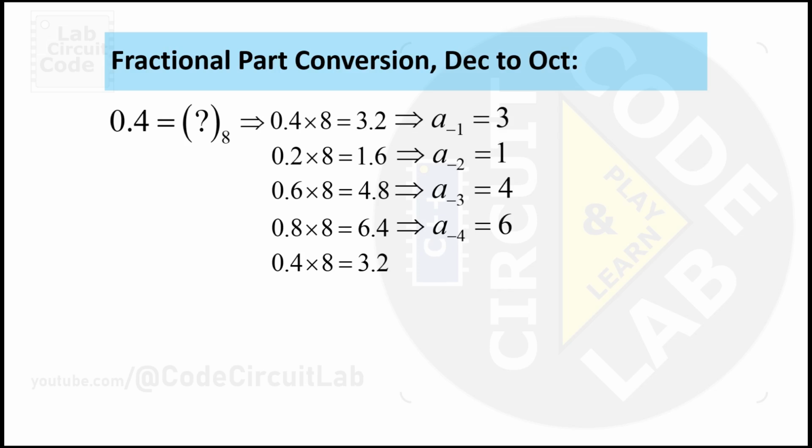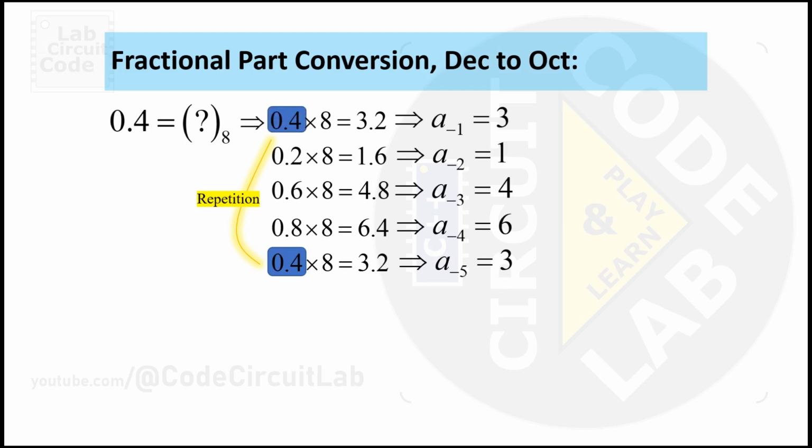As we continue, we see that some numbers are repeated. 0.4 by 8, which gives 3.2, is being repeated here. Our a minus 5 is 3, that's okay. However, there is a repetition going on here.